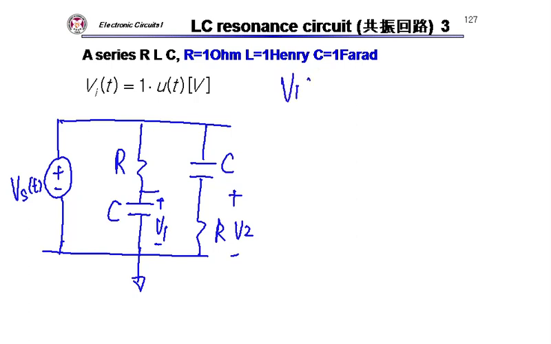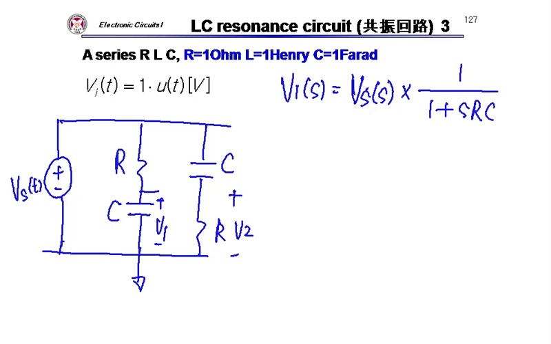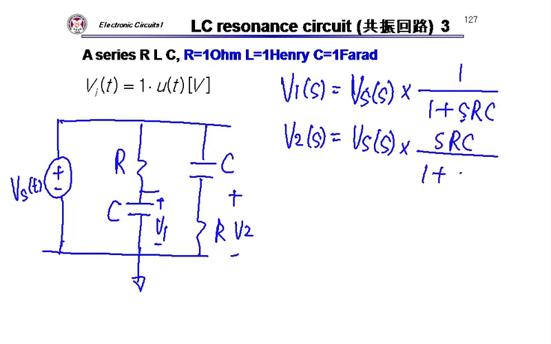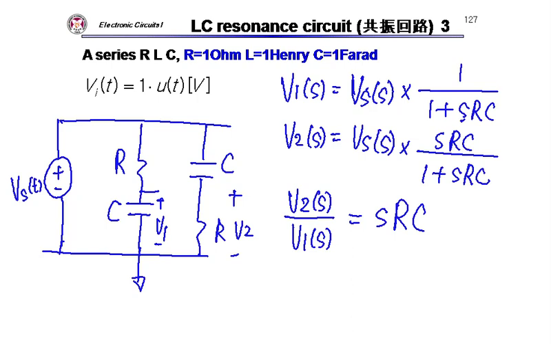My V1(s) is Vs times, you will find it, right? My V2(s) will be Vs times sRC over 1 plus sRC, okay? Then what's the relation between these two? I will divide V2 by V1, and it's sRC, right?